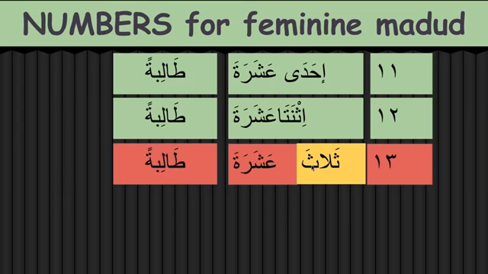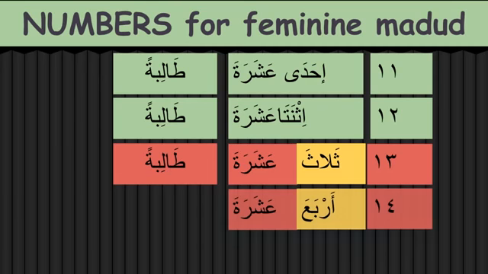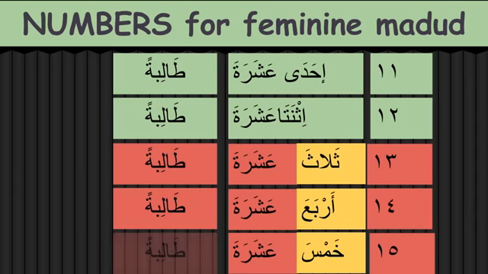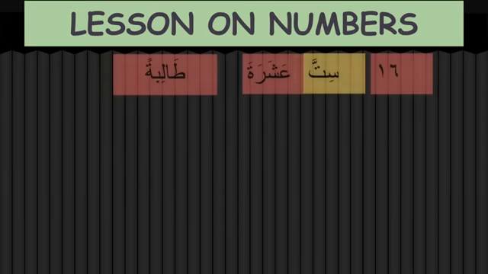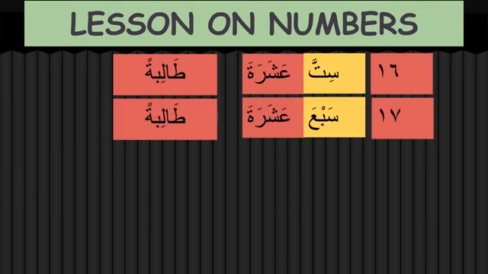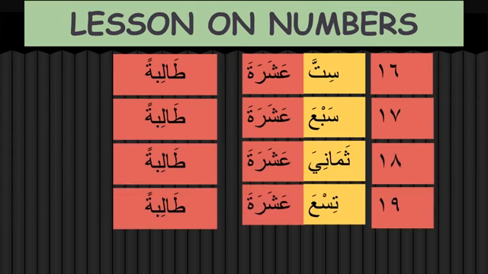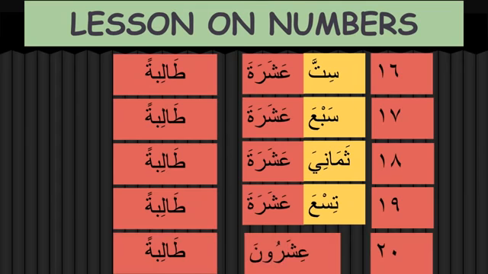So the first number will be opposite to the thing counted. أربع عشرة طالبة. خمس عشرة طالبة. ست عشرة طالبة. سبع عشرة طالبة. ثمانية عشرة طالبة. تسعة عشرة طالبة. عشرون طالبة. So عشرون remains عشرون.